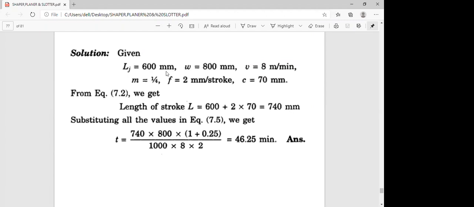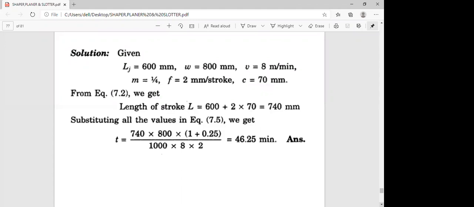LJ is 600 mm, W is 800 mm, m is 1/4, 0.25, F is the feed per double stroke, 2 mm per stroke, C is equal to 70 mm. Just try to see the earlier PPTs, if any problems are there, or the textbooks. Length of stroke is equal to LJ, the length of the job, plus twice the clearance, because you have to take the clearance on both sides of the job. So 740.